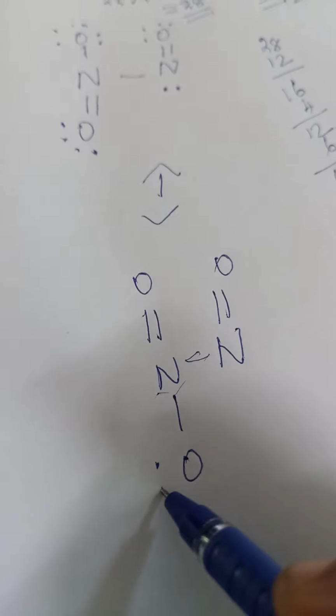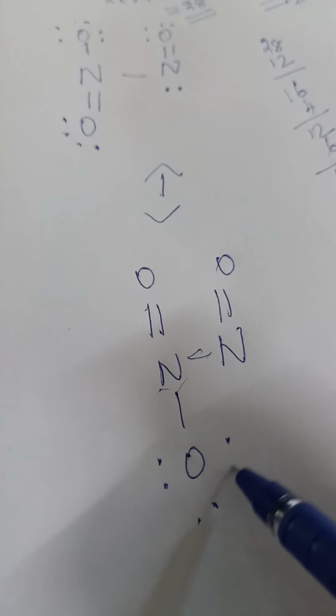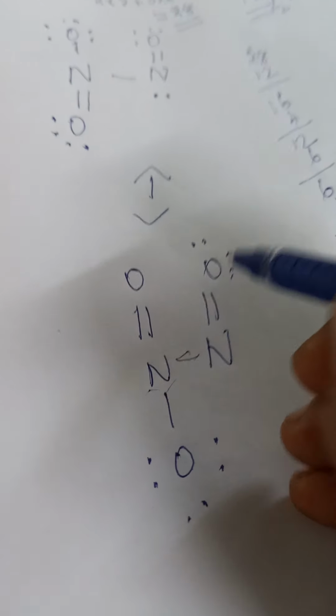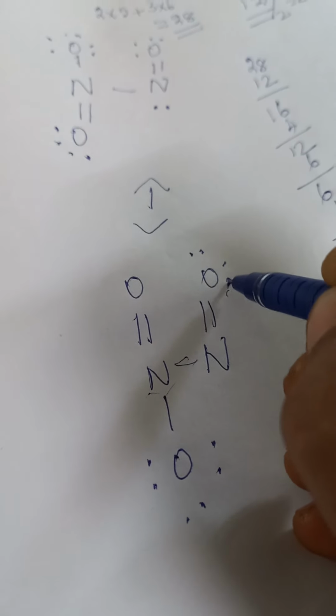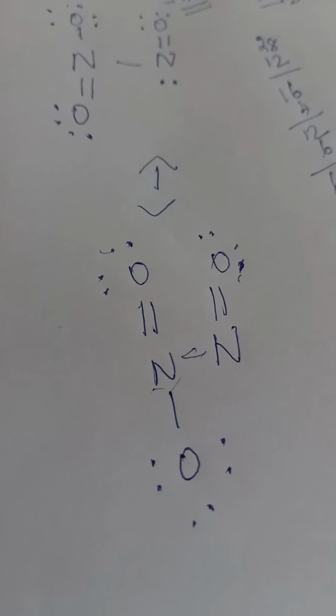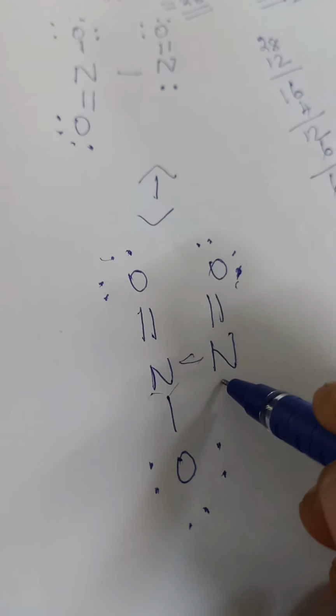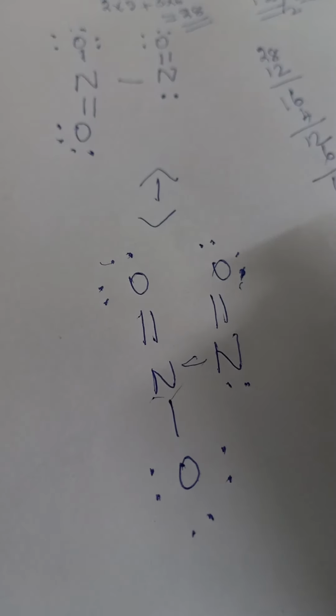So single bond means 2, 4, 6. Double bond means 2, 4. Here double bond means 2, 4. Then this nitrogen, 2 electrons.